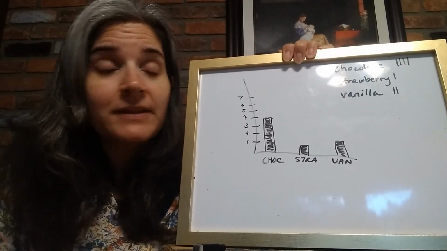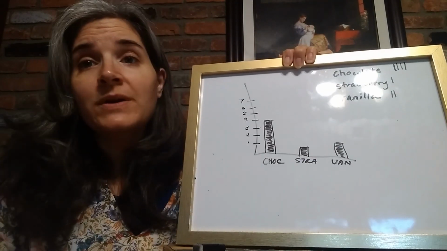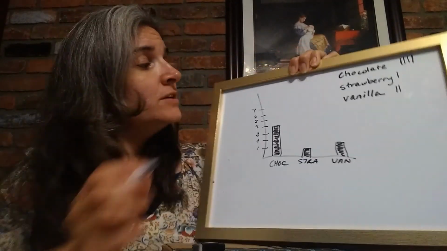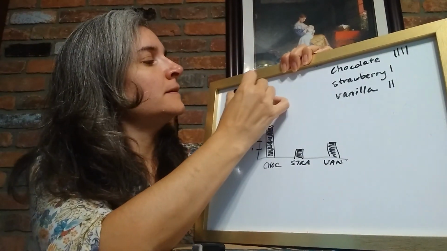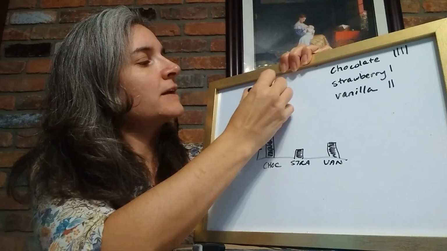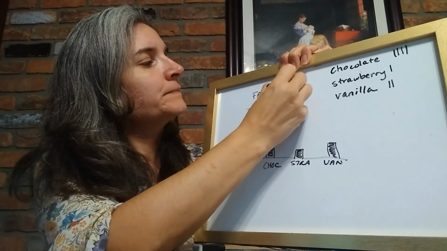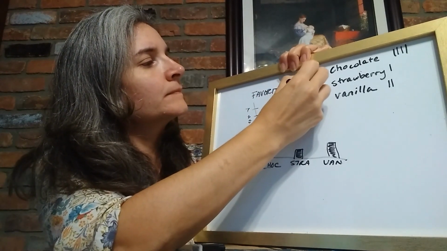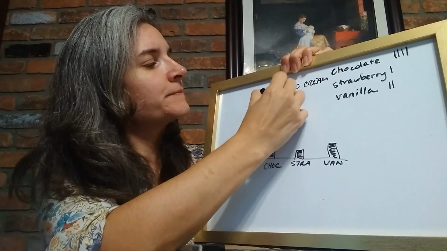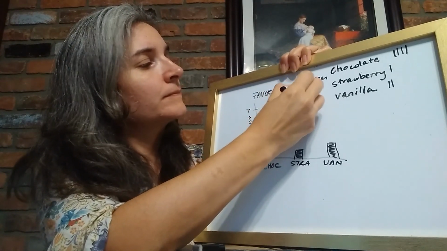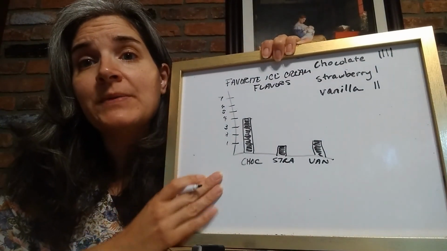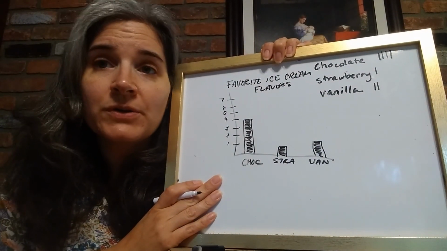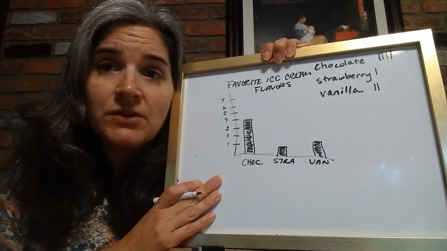It's a bar graph that shows us what our information was, so we should label it. So I'm going to label it as favorite ice cream flavors. All right. So you should be able to create one of these on the whiteboard for the rest of the students in your class.